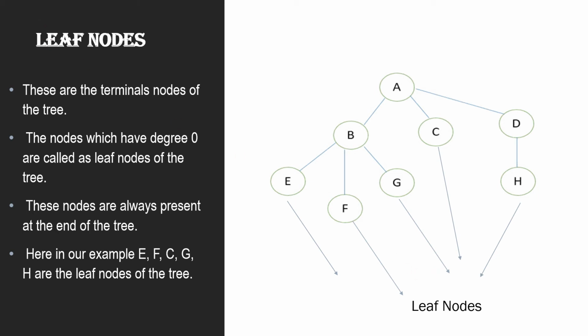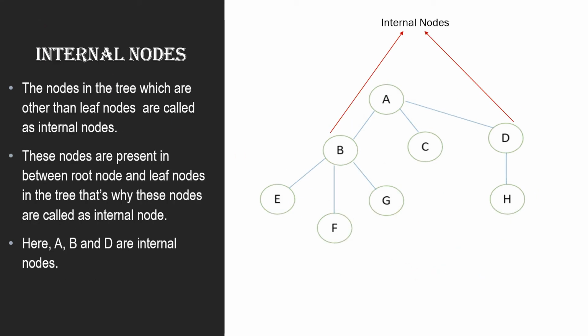Next term is internal nodes. The nodes in the tree which are other than leaf nodes are called internal nodes. These nodes are present between the root node and the leaf nodes. In our diagram, B and D are the internal nodes, and it includes the root node also.